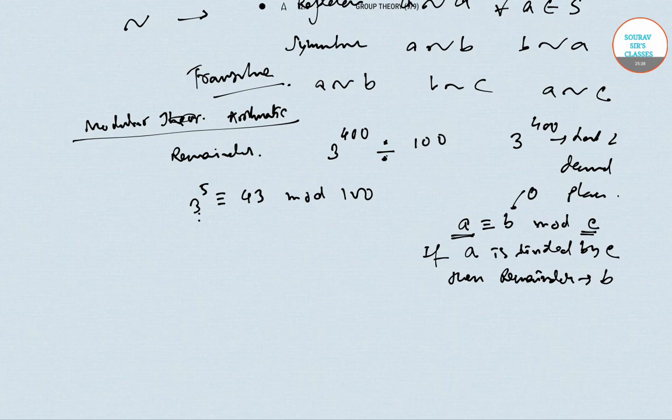So if we square 3 to the power 5, according to the modulo structure, this will also be squared, keeping the modulus unchanged.